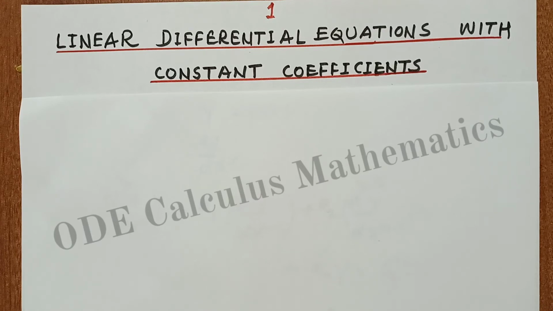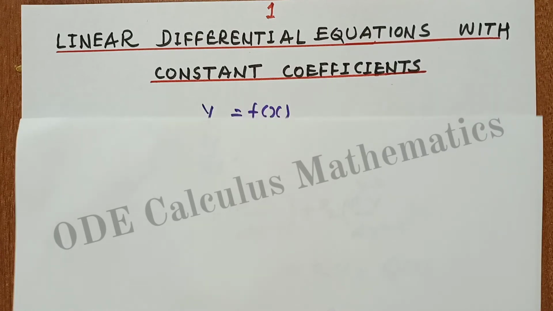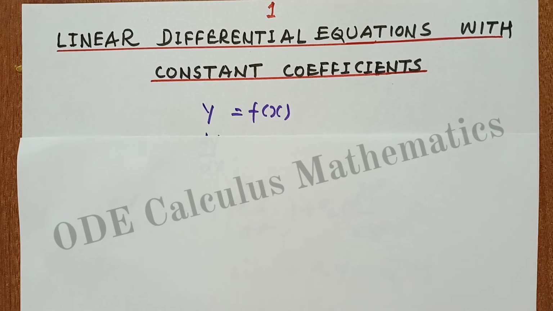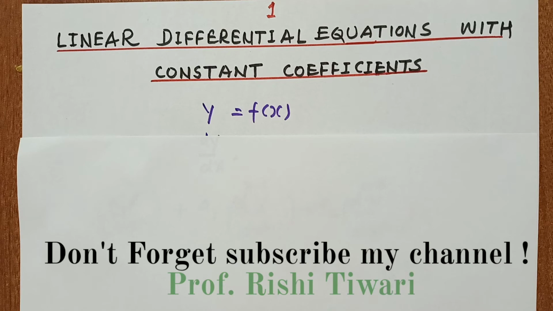And you know order. Order means, let y be a function of x, meaning y is the dependent variable and x is the independent variable. So the maximum number of times we differentiate y with respect to x is called the order, and the power of the highest order derivative of the differential equation is called the degree.